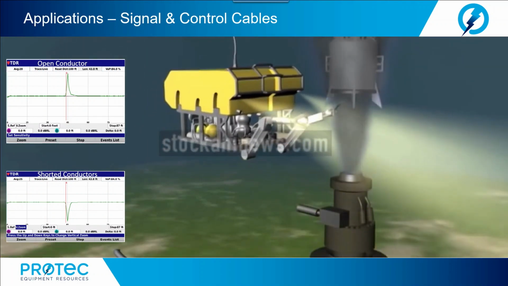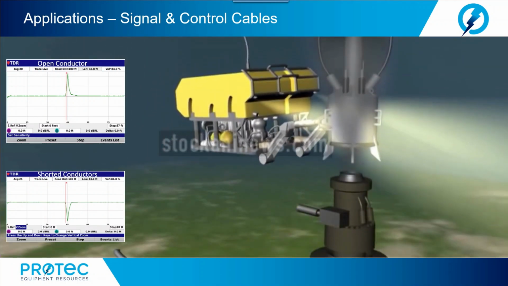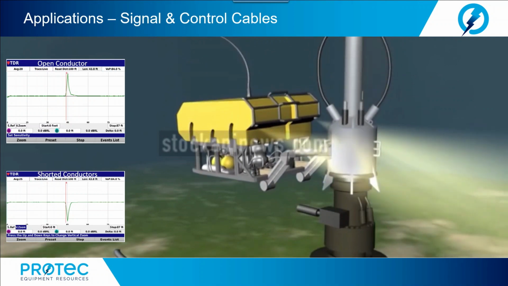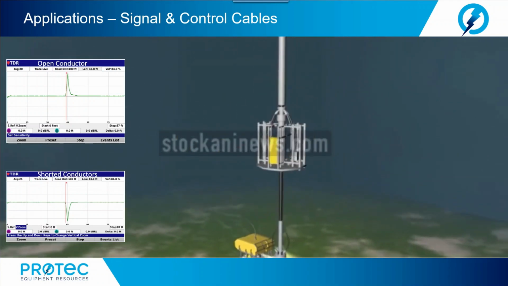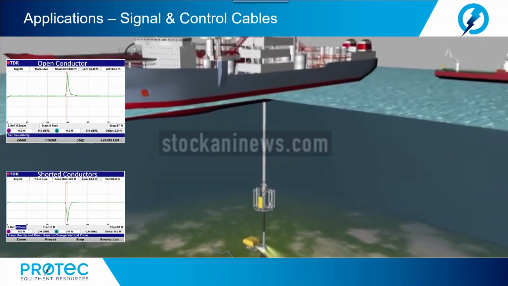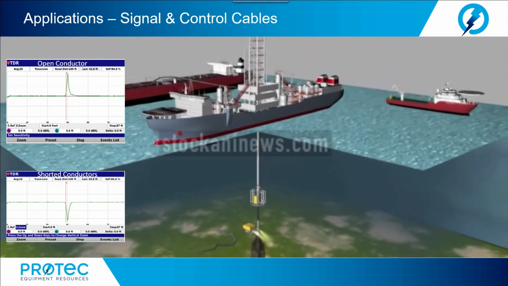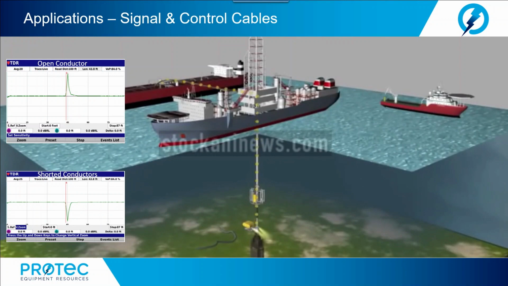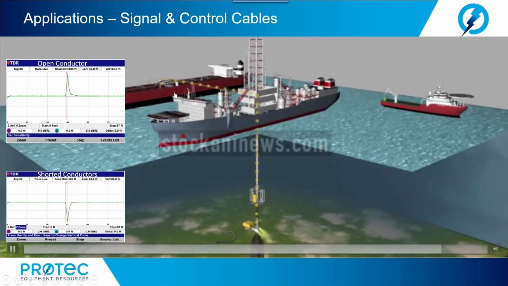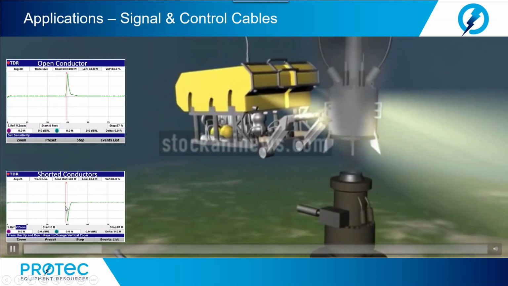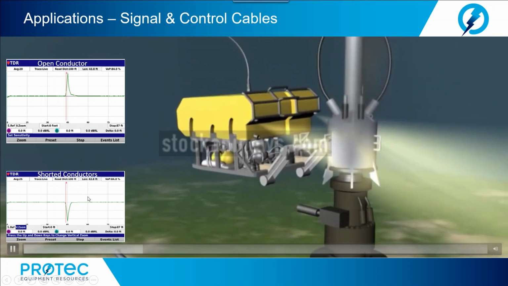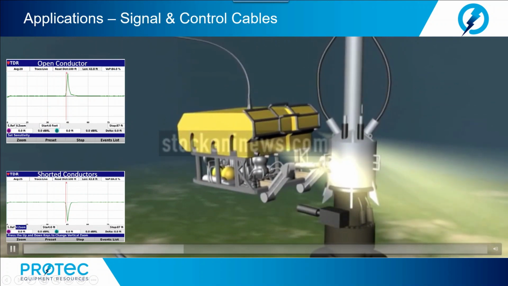When cable troubles arose, technicians used time domain reflectometers to identify cable faults and shorts from water ingress into the cables, despite the cables extending thousands of feet into the ocean. And here we see 2 screen captures where, for instance, measurement to an open conductor or measurement to a short circuit in these signaling control cables.